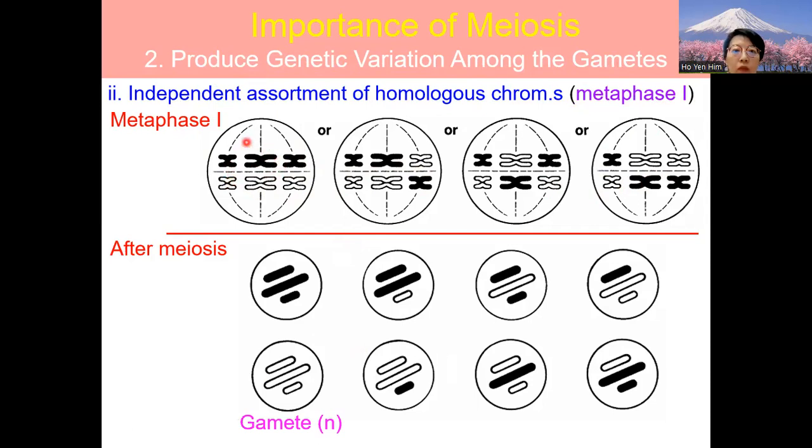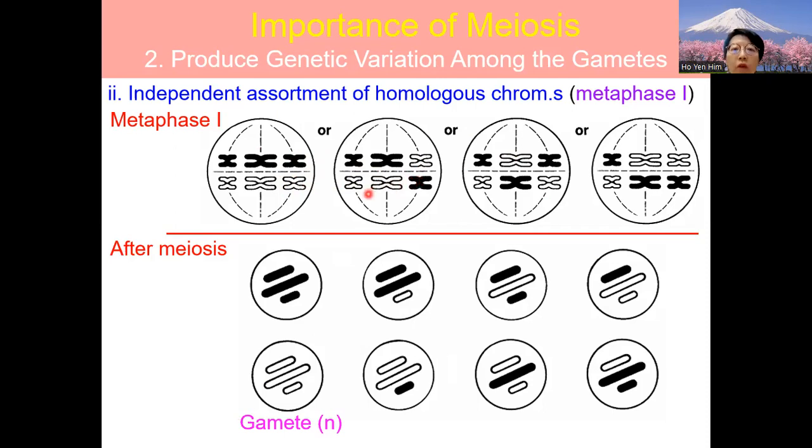Say for example, this pair can arrange paternal on top, maternal at the bottom, or paternal at the bottom, maternal on top. This pair here can also arrange paternal on top, maternal at the bottom, or maternal on top, paternal at the bottom. So each pair of homologous chromosomes has 2 ways to arrange at the equator.